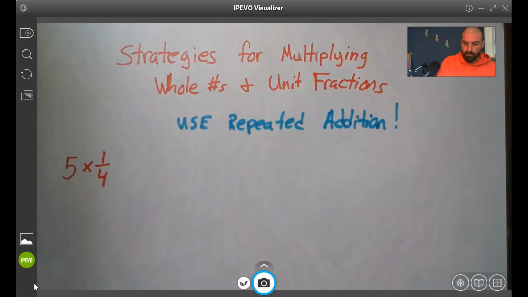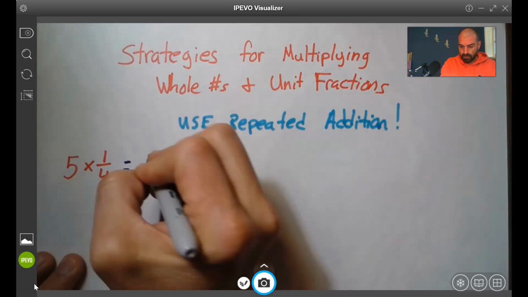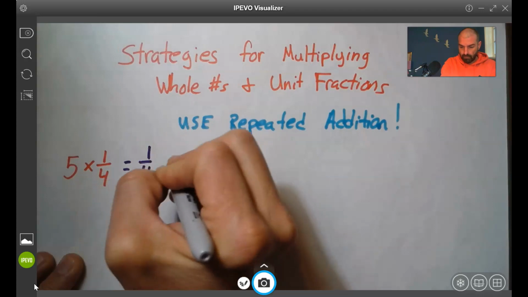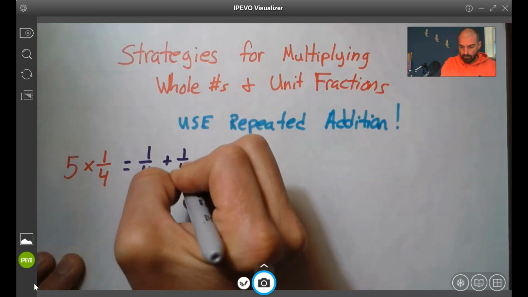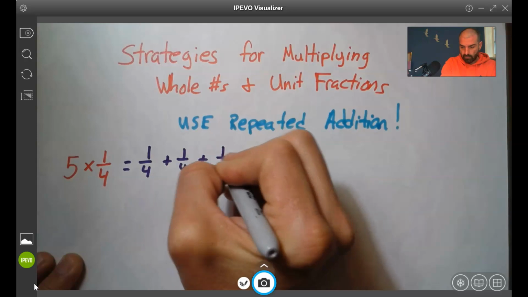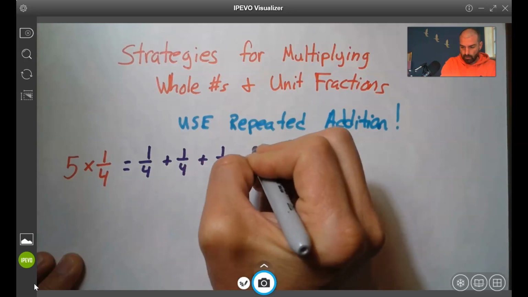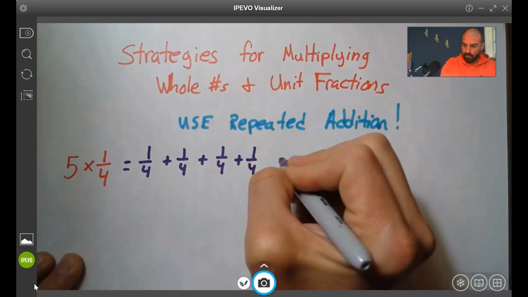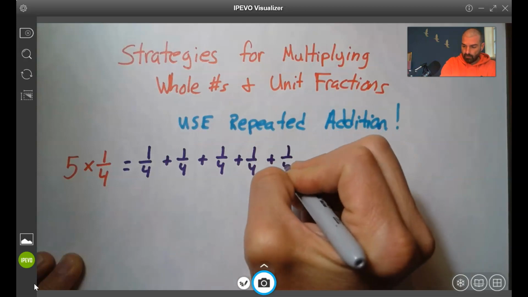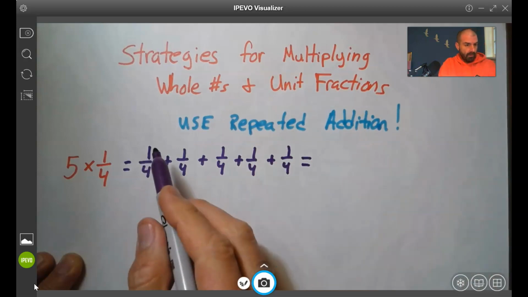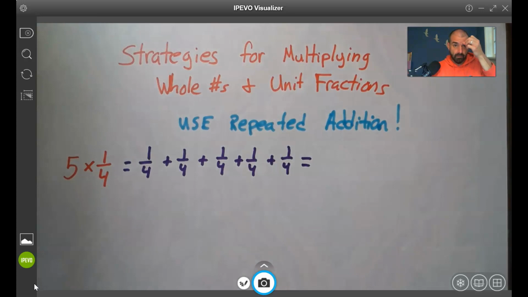All right, so we could write this out as 5 times 1/4 is the same thing as 1/4 plus 1/4 plus 1/4 plus 1/4 plus 1/4. And that equals, again, what do we know about addition and fractions?